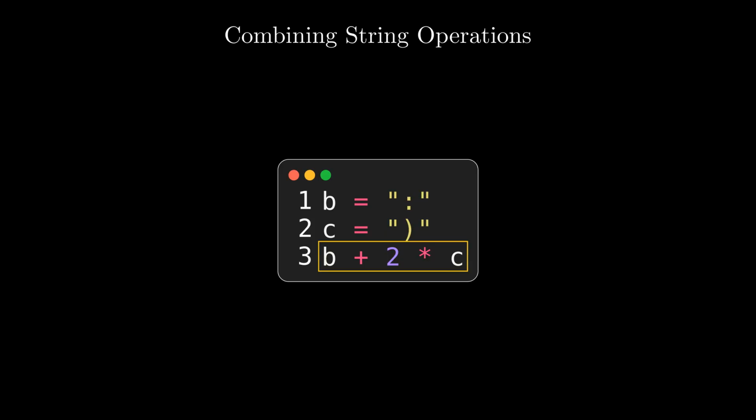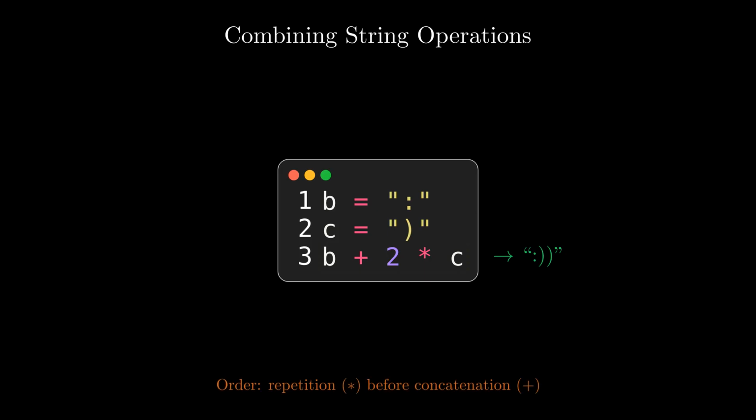Then b plus 2 times c concatenates the colon onto the front, producing a colon followed by 2 closing parentheses, a smiley with a double chin. Note the order of operations: repetition happens first, then concatenation, just like multiplication before addition in arithmetic. You build complex strings piece by piece from simple parts.